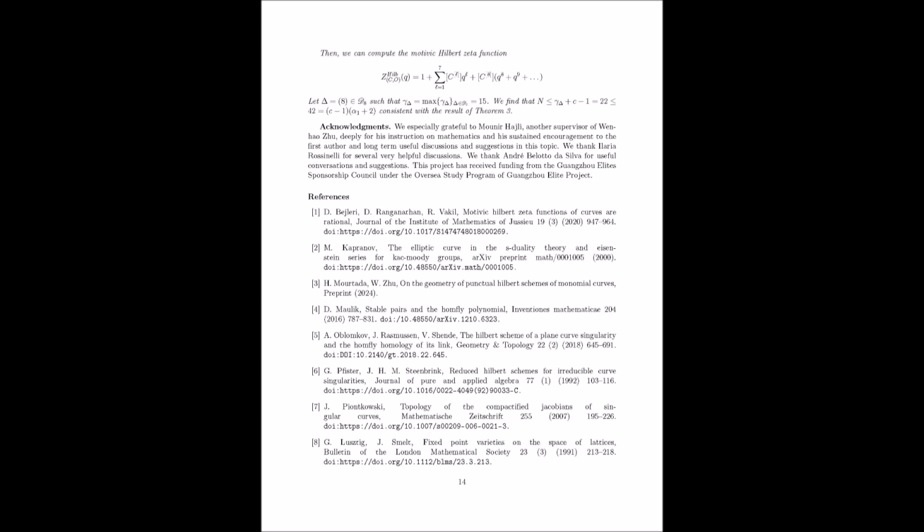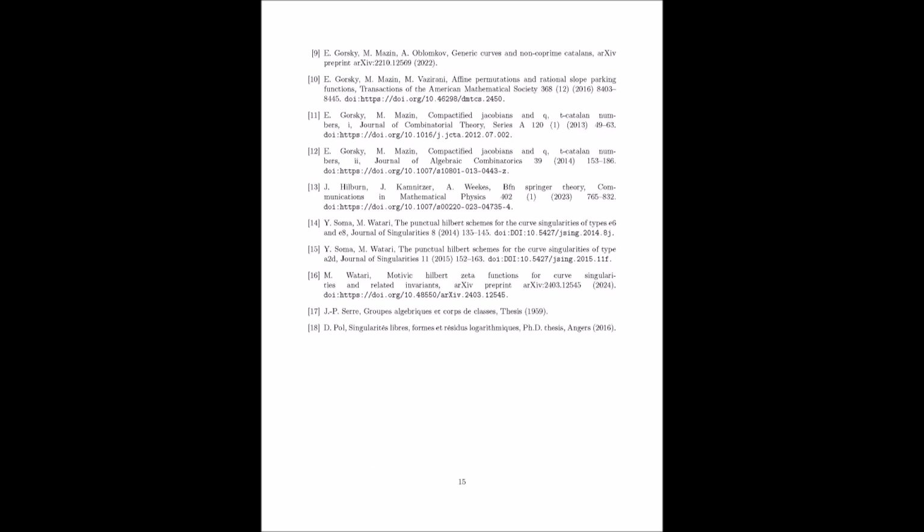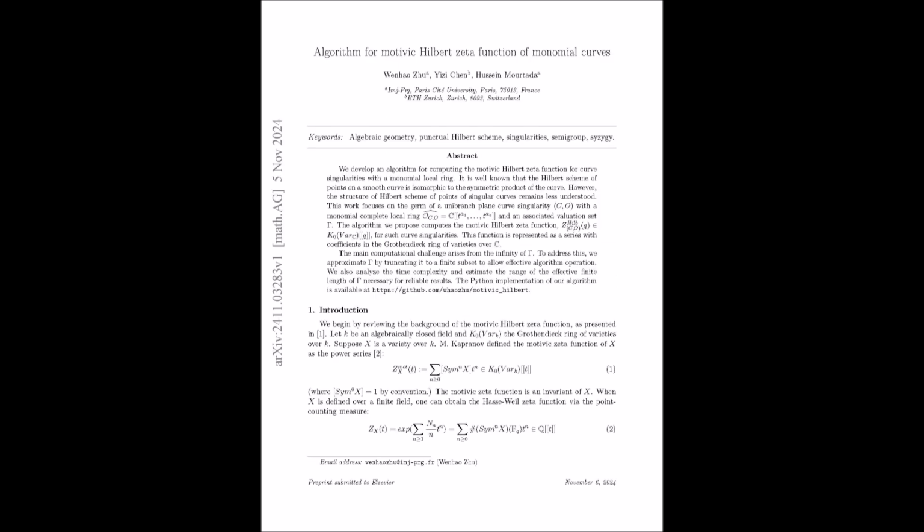Yeah. But even with those equations, understanding the geometry of the Hilbert scheme remains a difficult task. Exactly. And that's why this new research is so significant. They've found a way to break down the Hilbert scheme into smaller, more manageable pieces using the valuation semigroup of the curve singularity.